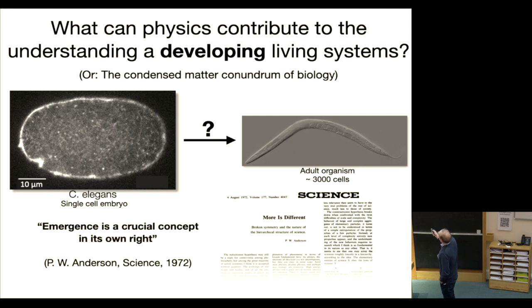And I'm calling this the condensed matter physics conundrum, in a sense, because there was a very influential essay 50 plus years ago by Phil Anderson, a condensed matter physicist, a non-equilibrium condensed matter physicist. He made this point in the context that some people were proposing that what needs to be done is to understand the fundamental interactions of nature, say particle physics, as well as possible, and then we know everything.